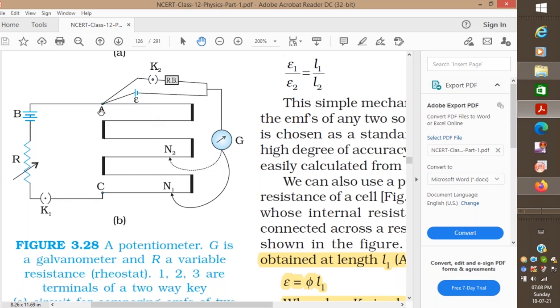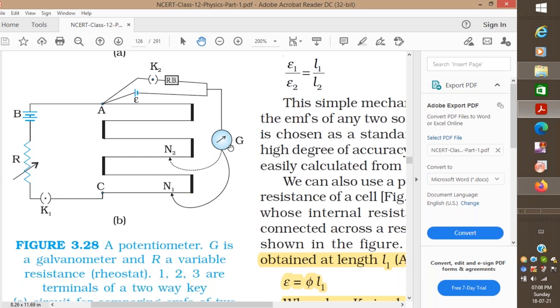So we have to find out the null condition. When my K2 is open, that means the resistance box is not connected to the circuit now. Only the cell is connected and this length of the wire is there. So you can find out by sliding your jockey and tapping everywhere to see the null condition, that means there will be no deflection.